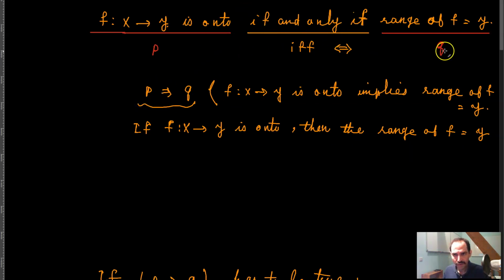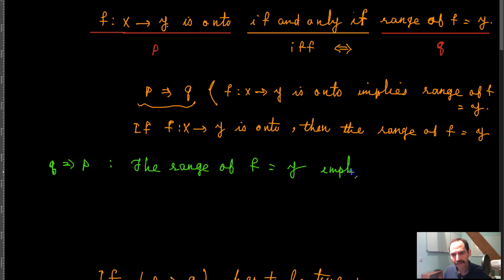You also have Q implies P because it's a biconditional, a double-headed arrow, right? So Q implies P means that the range of f is equal to y implies that f as a function from x to y is onto.